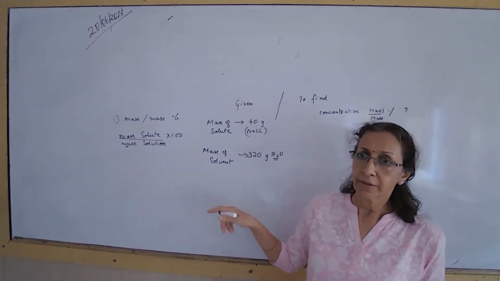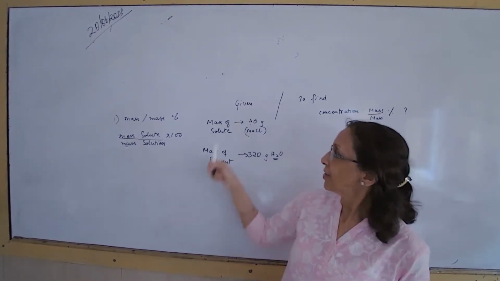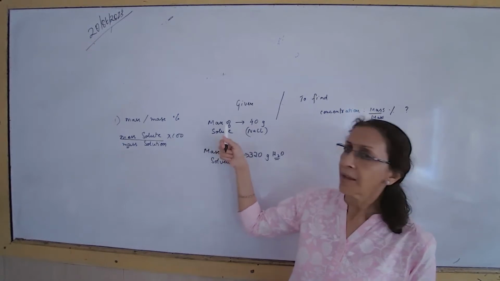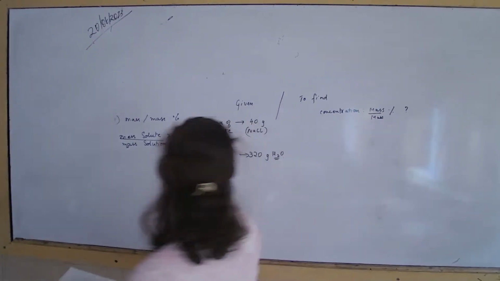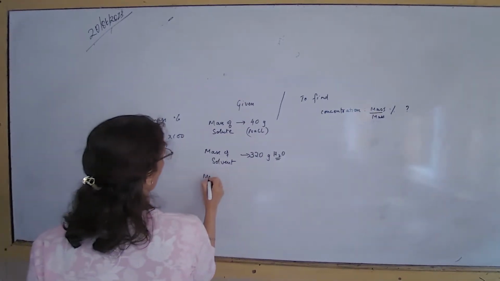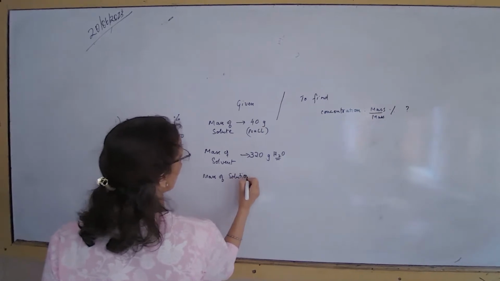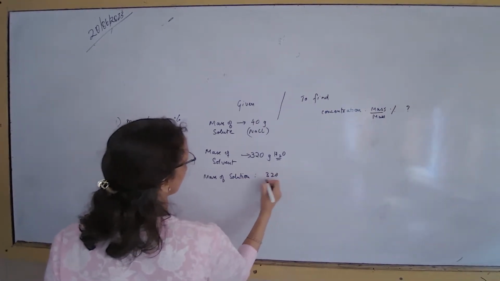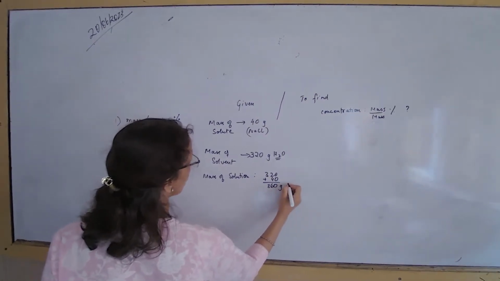Yes. So how can you find out mass of solution? Mass of solute plus mass of solvent. Okay, using this data we can write down mass of solution: 320 plus 40 becomes 360 grams of solution.